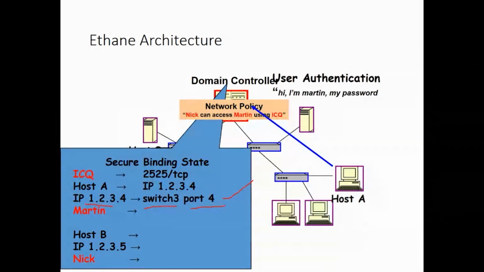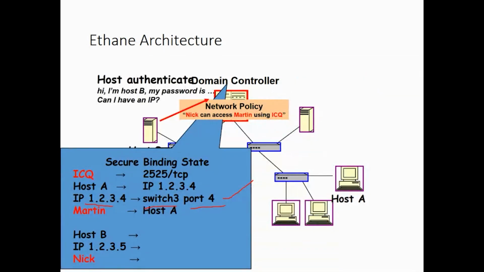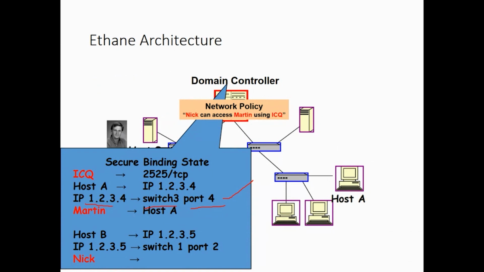Host B has to do the same thing. Host B also sends a hi message to the domain controller asking for an IP, and the domain controller, after checking the password and getting host B authenticated, provides an IP address.